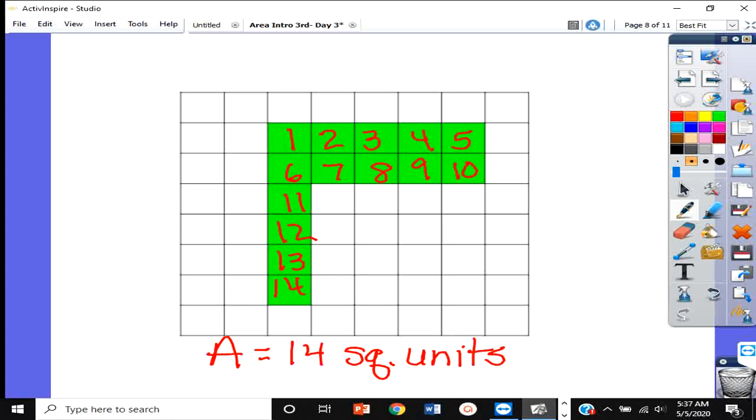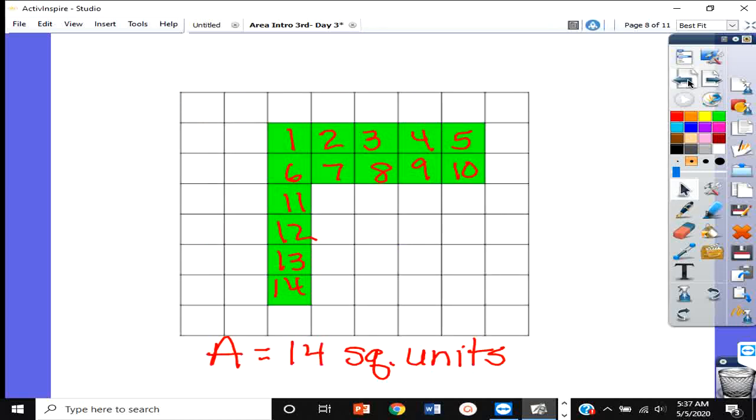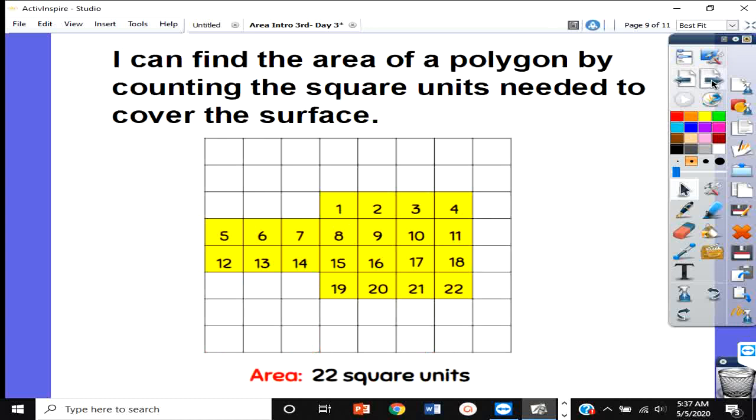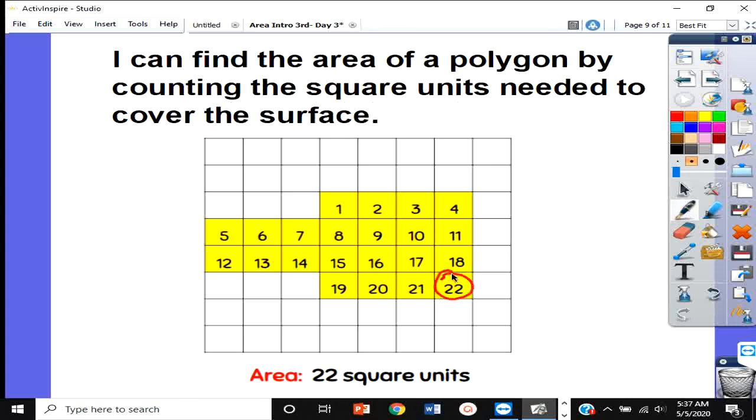We're going to take a look at one more shape. Let's see. How many square units did it take to fill that shape? Well, if you notice, I've already put that in there, and it is 22 square units.